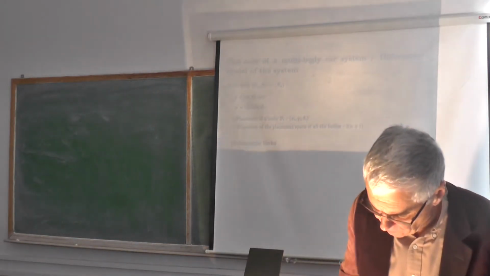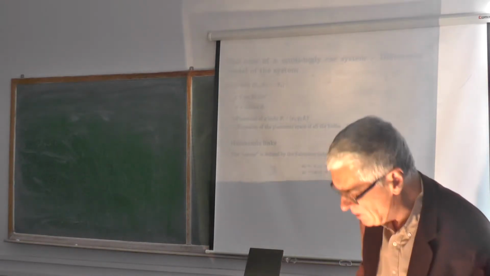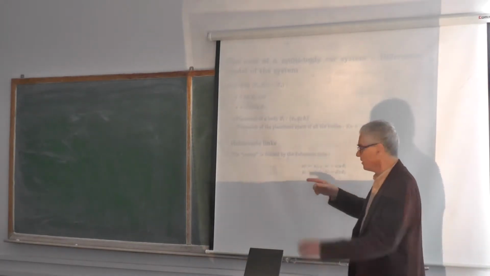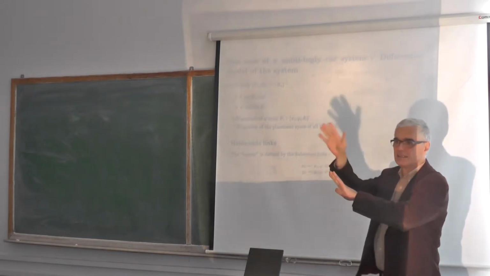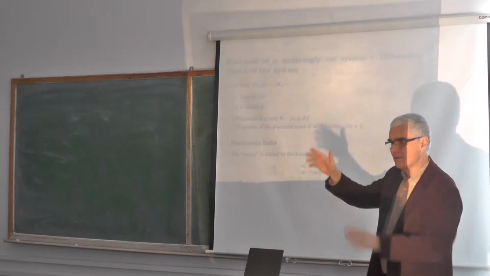But of course, there are holonomic links. What are the holonomic links? They are the links that say that trailer i is attached to the previous trailer i minus 1.